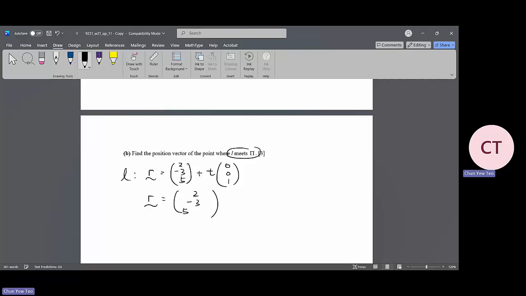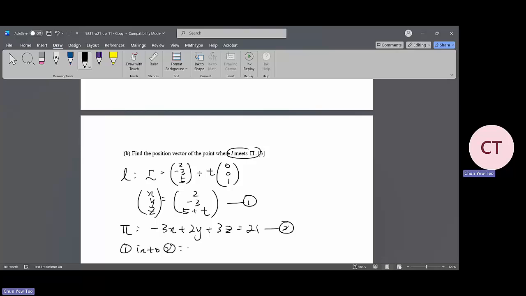So we just call this one equation 1. And just now the pi was negative 3x plus 2y plus 3z is equal to 21. I call this one equation 2. The r over here actually represents x, y, z. So you put 1 into 2, then you get negative 3 times 2 plus 2 times negative 3 plus 3 times 5 plus d is equal to 21.